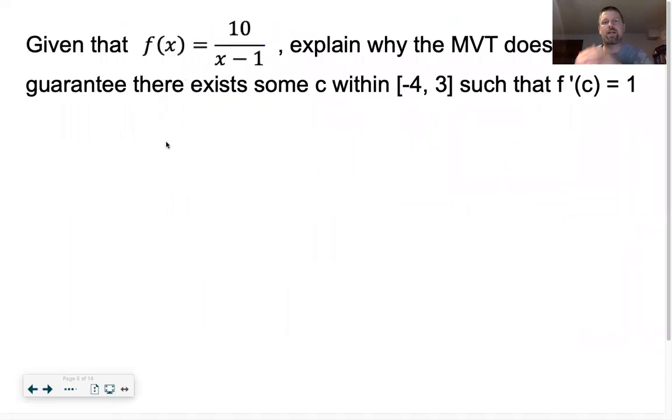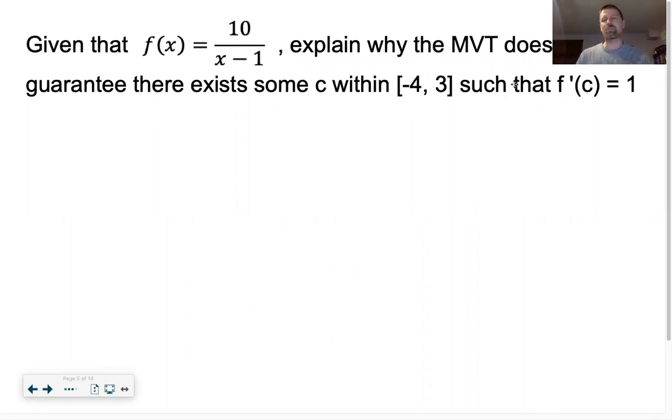All right, quick example of both. Here, given that f of x equals 10 over x minus 1, explain why the mean value theorem does not guarantee there exists some c within that interval such that f prime of c is 1. Whenever you see something saying there's some c such that f prime of c is 1, that's going to be a mean value theorem question.